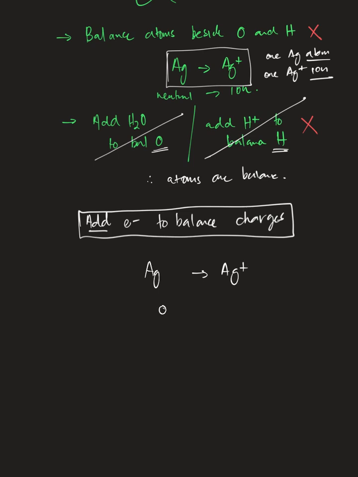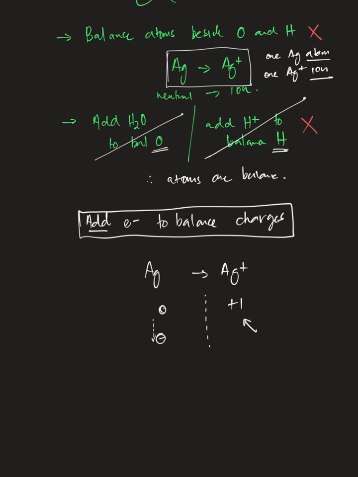This one is 0 and this one is +1. So now I need to add in electrons. If I add in electrons here, I'm going to keep becoming more negative. But I don't want it to become more negative. I want it to be neutral. So if you look on this side, it's +1. What do I need to add there to make it 0? I've got to add in an electron.